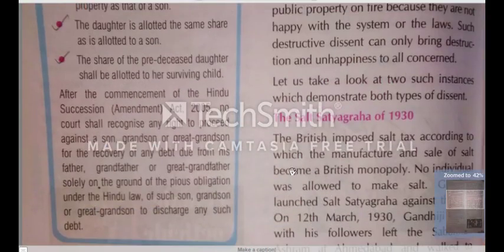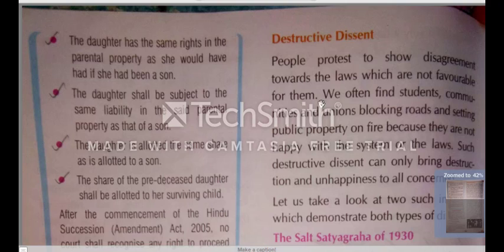Okay, now see the meaning. Destructive dissent: people protest to show disagreement towards the laws which are not favorable for them. In destructive dissent, people show their anger or their disagreement, and protest. Protest means विरोध करना.